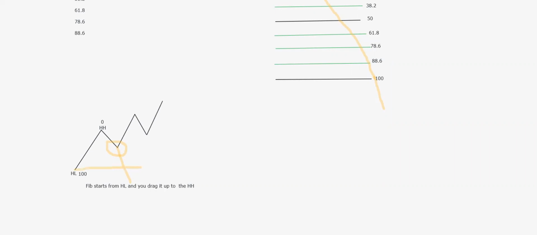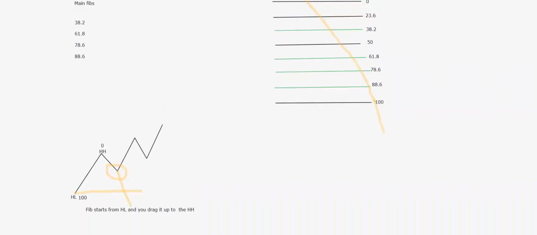If price comes all the way down, and we're tracking this next high low, but price breaks the 100% on the Fibonacci, what can we say about the trend? It's broken structure? Absolutely. Structure is broken. Good job, Ashley. That means structure is broken.